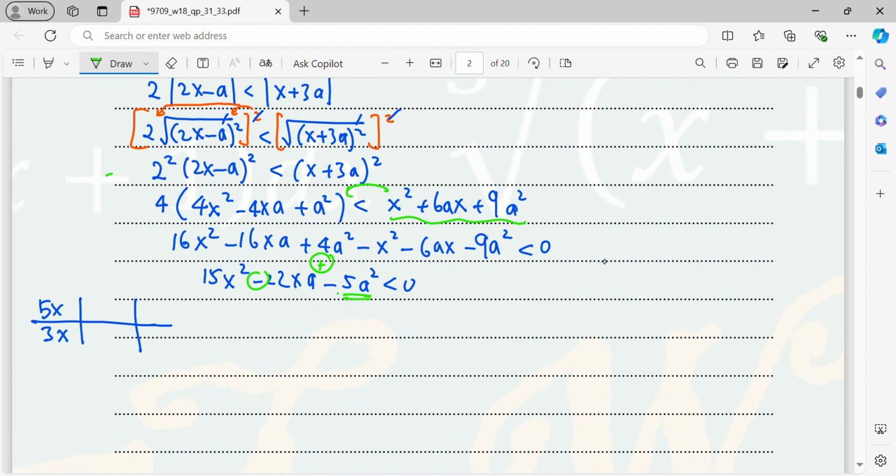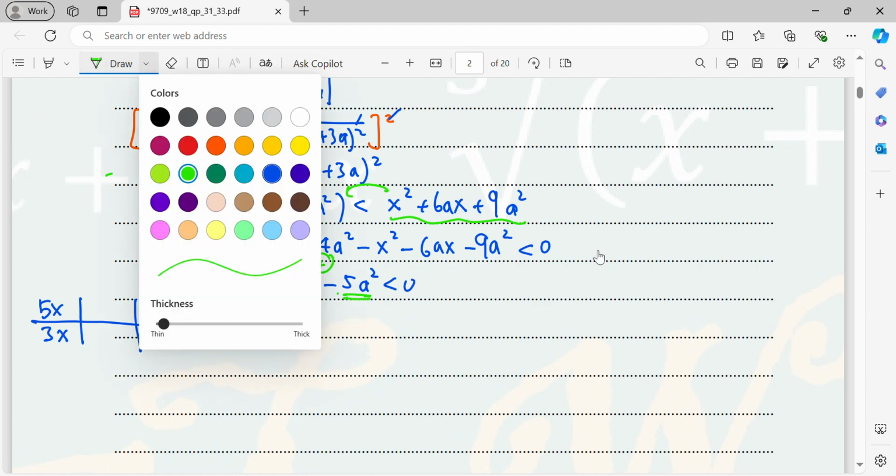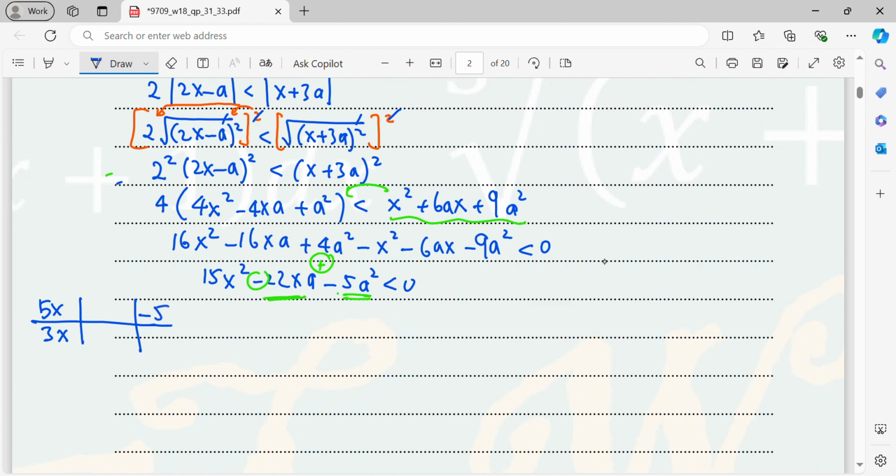5a squared will be 5a times a. And then to get the negative 22xa, I have to write minus 5a, so that this is minus 25ax when you multiply. Then this is plus 3ax. So when you add the middle column, it will be minus 22ax.